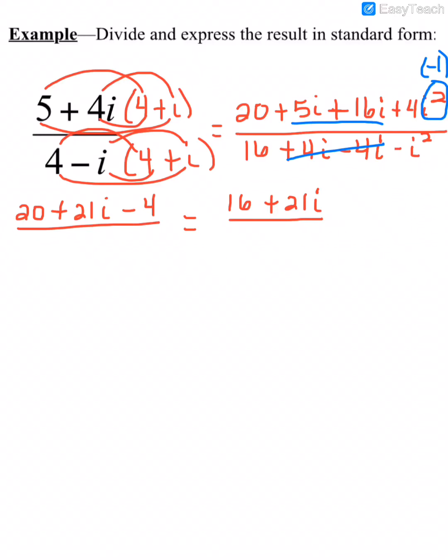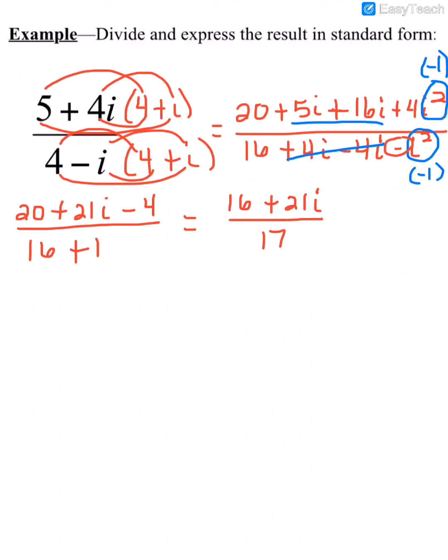That cancels, and then also this i squared turns to a negative 1. Okay, so I'm left with 16, and then that negative 1 times that negative i squared, so that's like a negative 1, gives me a plus 1. When I combine those, I get 17.